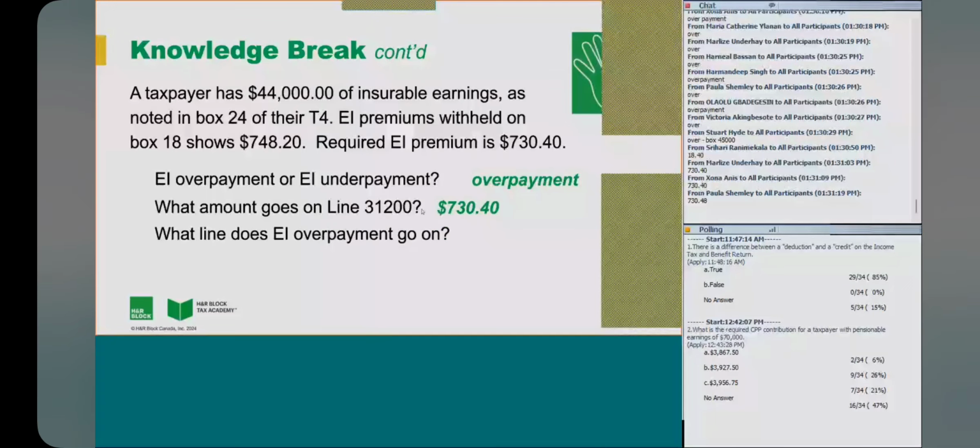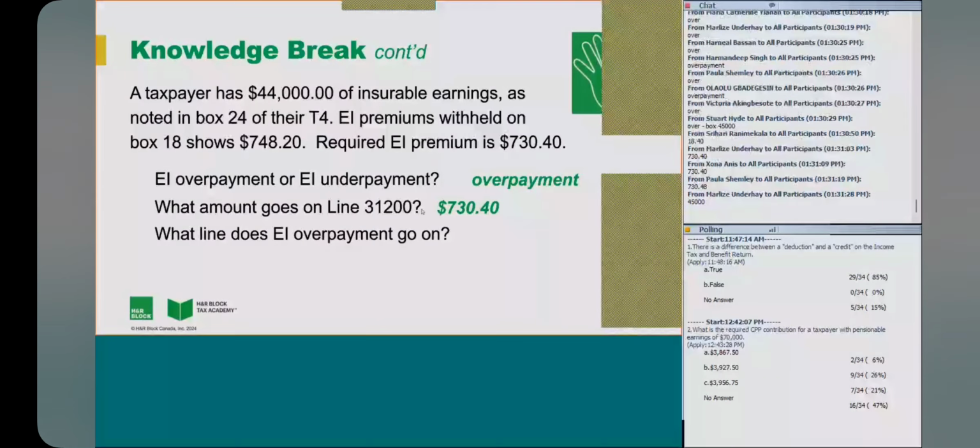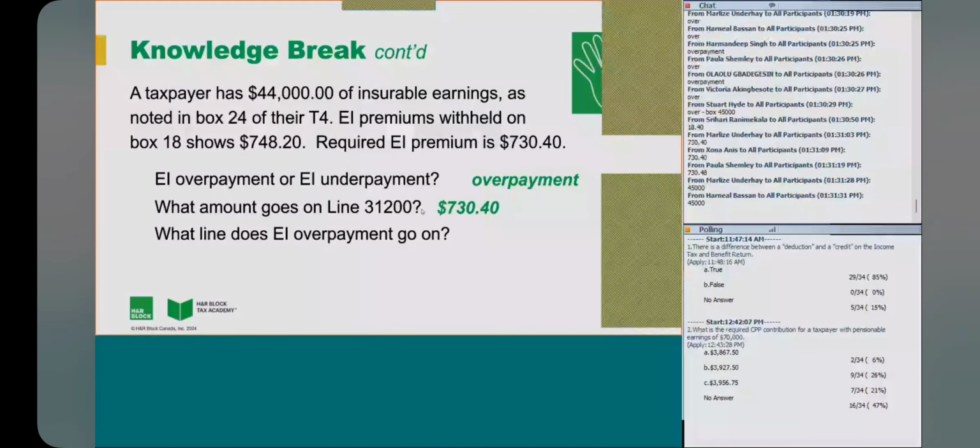So what line does the overpayment go on? Good. It's going to go on line 45000. Excellent.